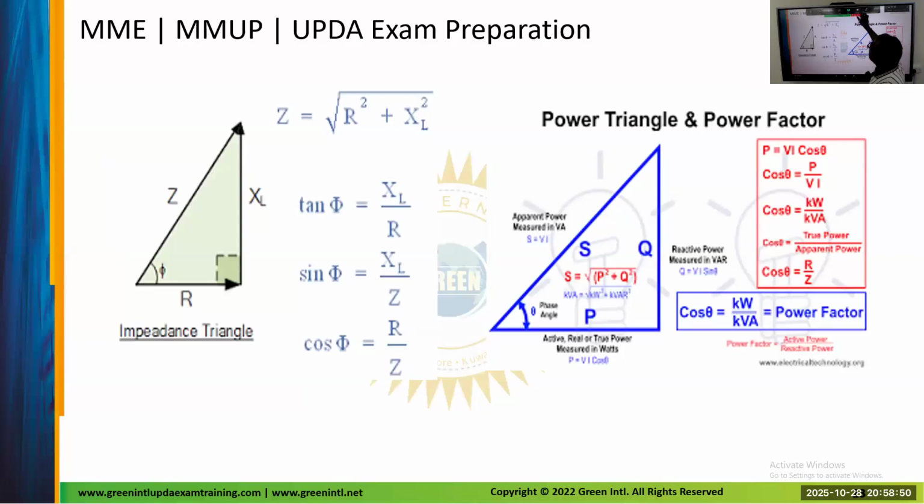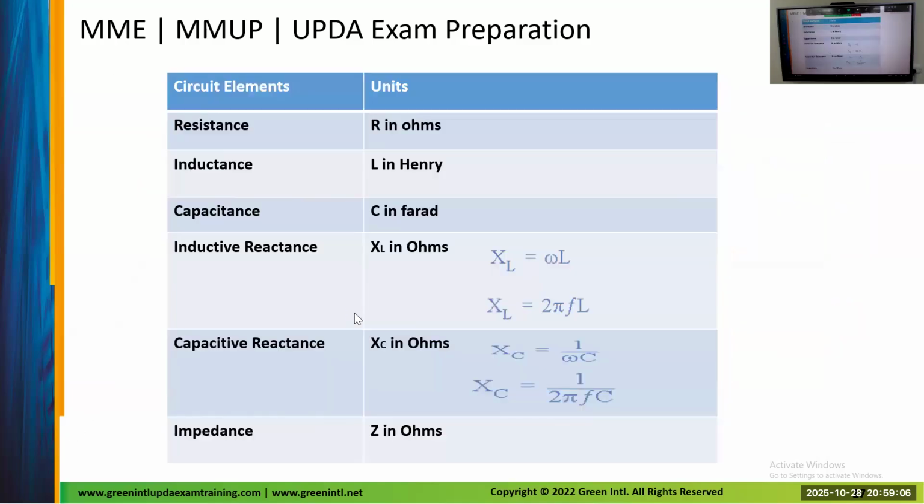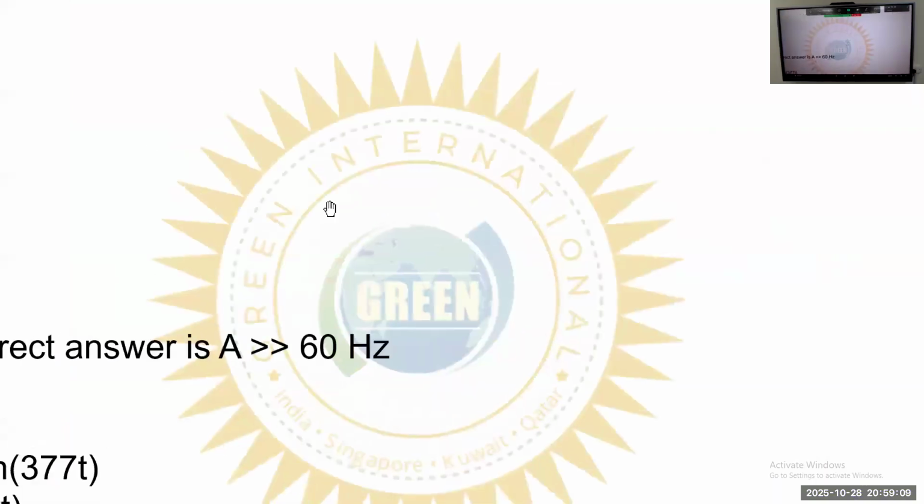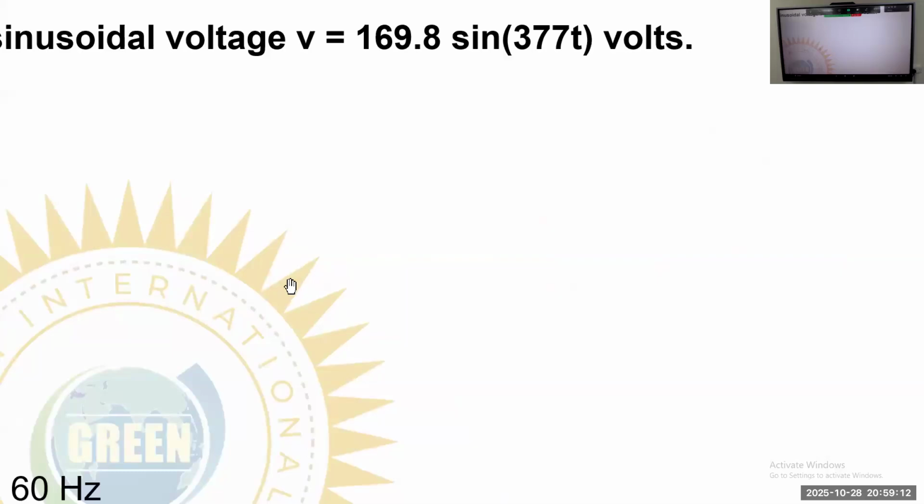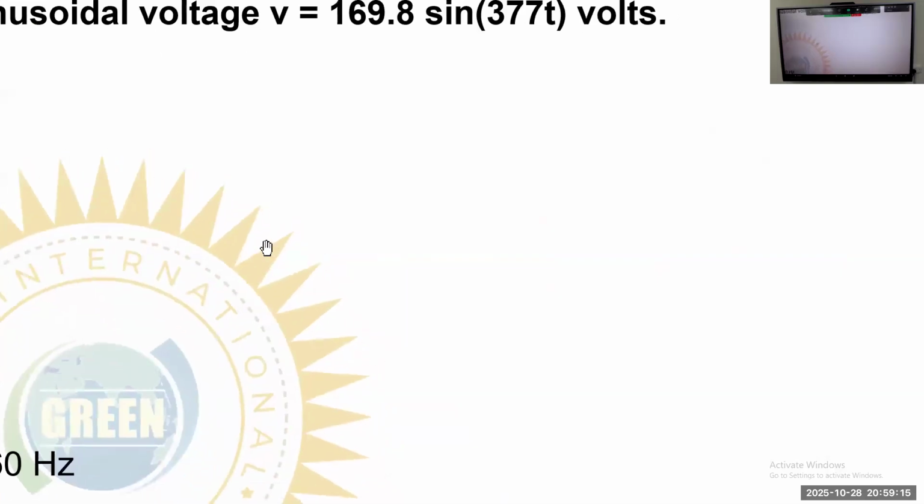So here we have an impedance triangle and a power triangle. So resistance, reactance, impedance.